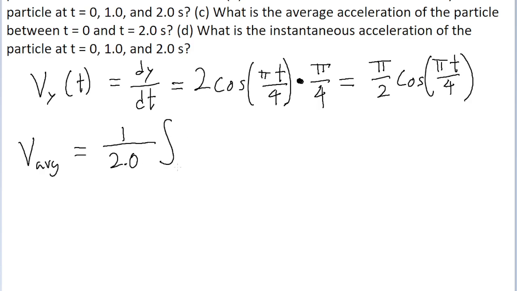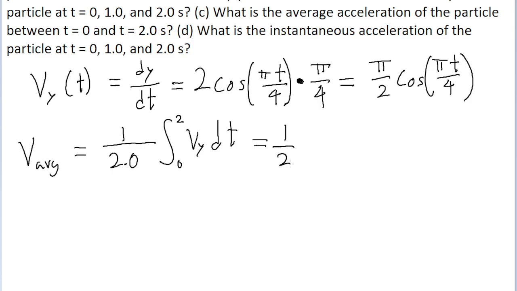Multiplied by the integral with the bounds of integration being that time interval, so 0 to 2 seconds, of v sub y with respect to t. And so the function we're integrating, the 2 is on the outside, and pi over 2 is constant, so I'm going to pull that on the outside as well.